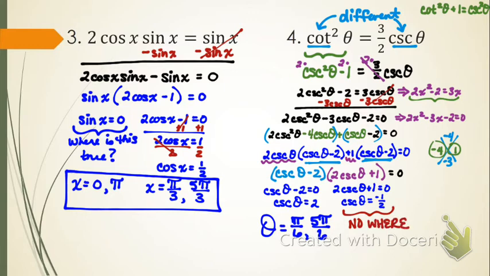So that means it's absolutely impossible for that factor, 2 cosecant theta plus 1, to ever equal 0. The other one can equal 0. Will either one of these angles cause a problem with cosecant up here? Nope. Will either one of those angles cause a problem with cotangent? Nope. So we're good. I only have two solutions here, and they're within the domain of both of these.